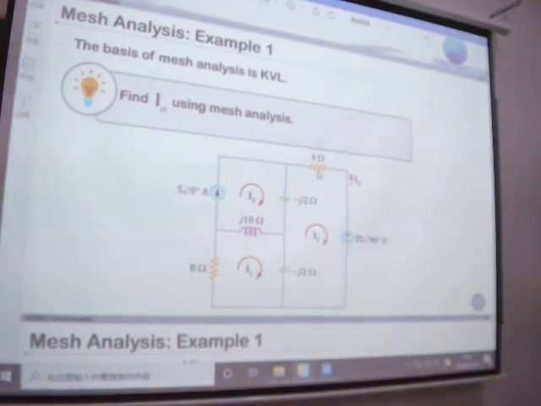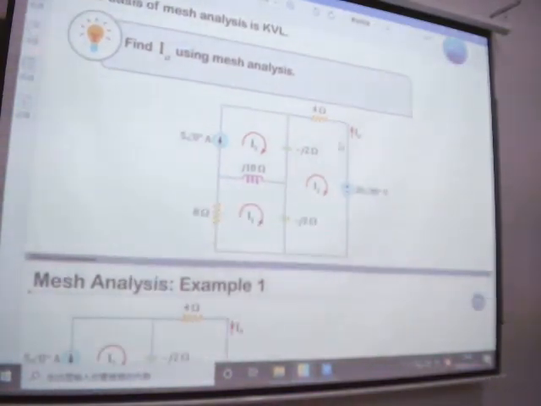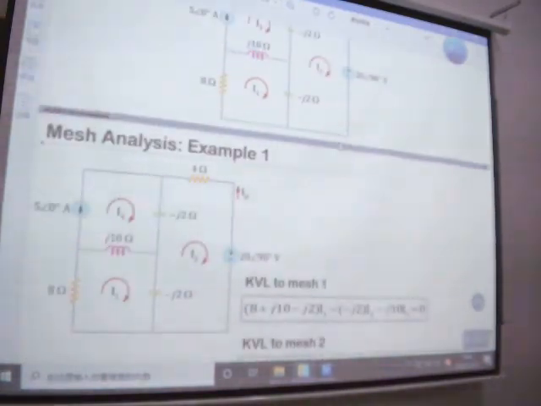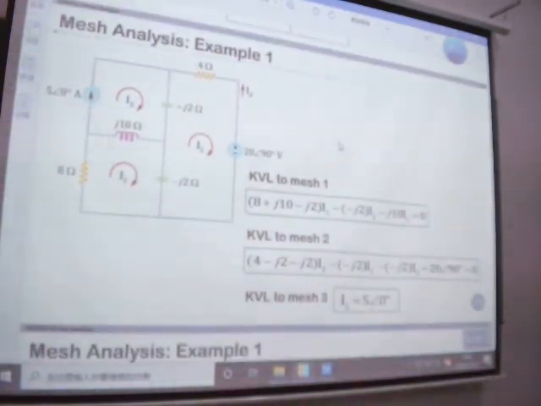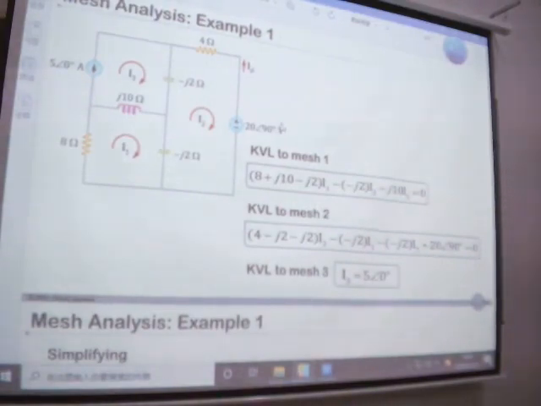Clear? Okay. Right. This is the shortcut way for this, and now we're going to see the mesh analysis for this example.